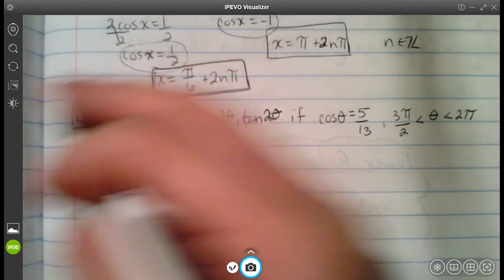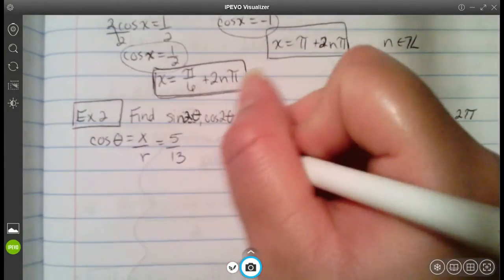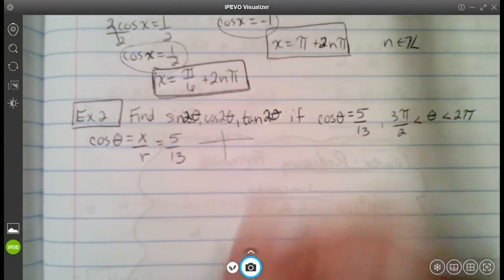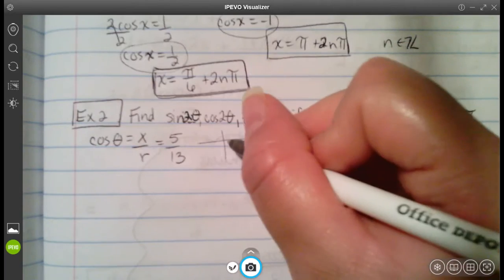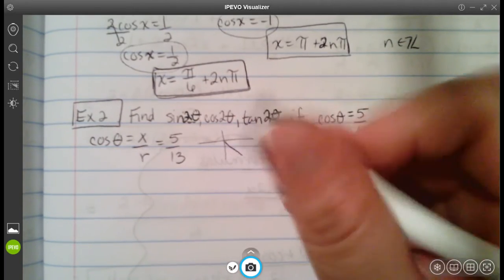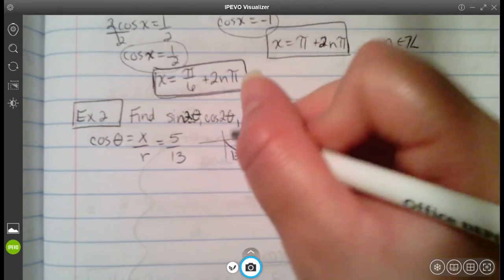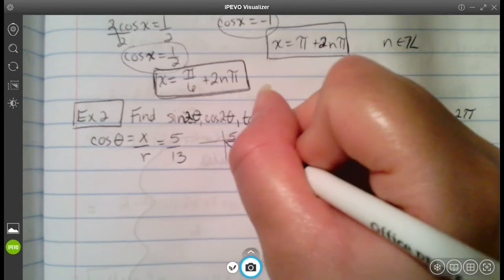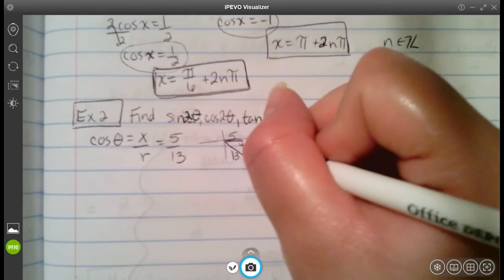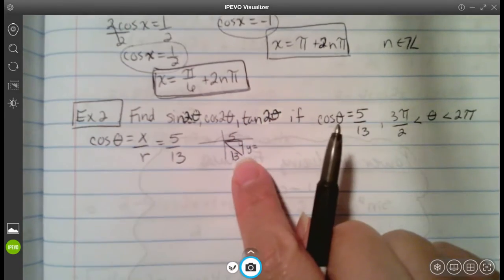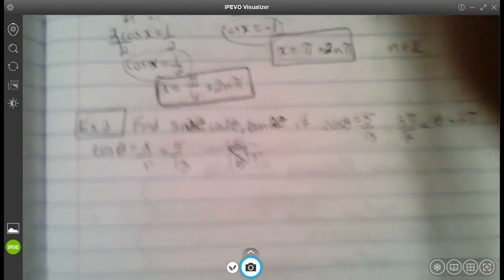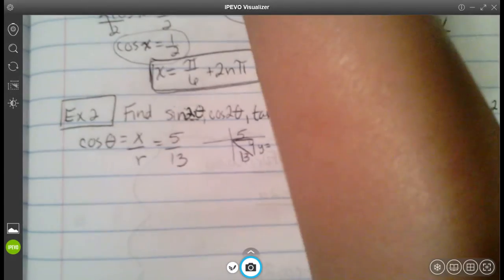If you need to, make a little picture. Here's our unit circle. It's in quadrant 4, so there's my triangle. The radius is going to be 13, and my x is going to be 5. We need to find the y. How would you do that? You would just use the Pythagorean theorem, which we've done several times.